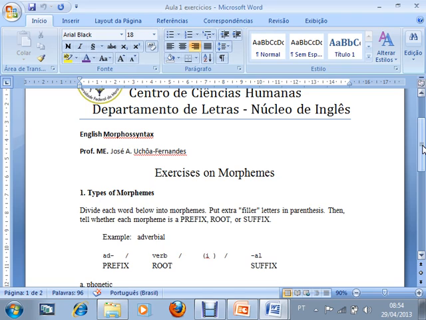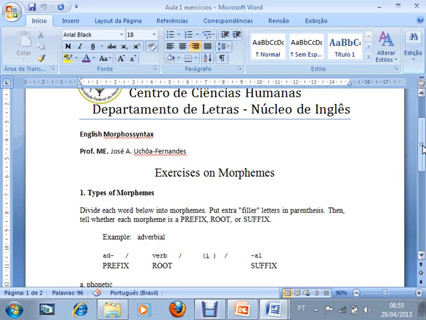Well, let's talk about the types of morphemes. In exercise number 1, I ask you to divide each word below into morphemes. Put extra filler letters in parentheses. Remember we talked about the fillers. Then tell whether each morpheme is a prefix, a root, or a suffix.